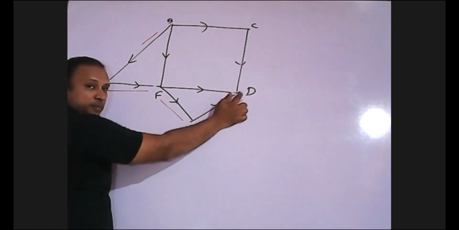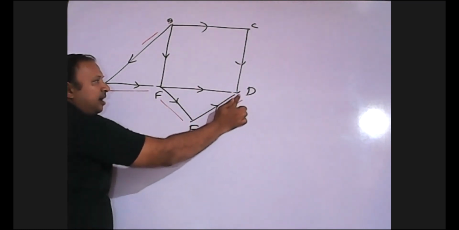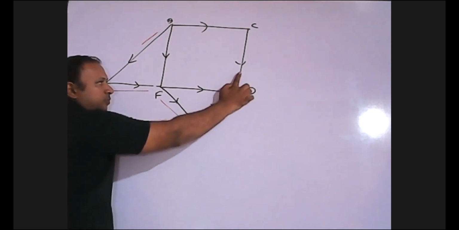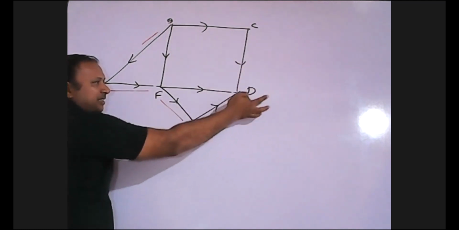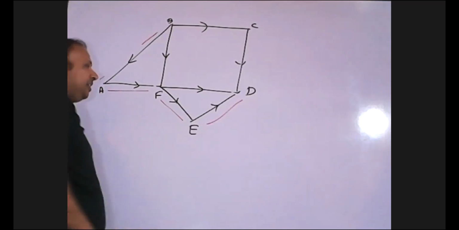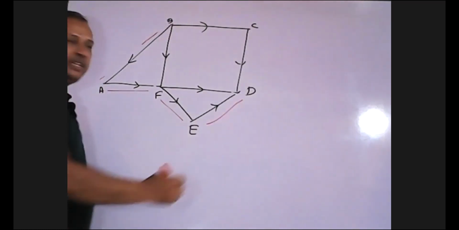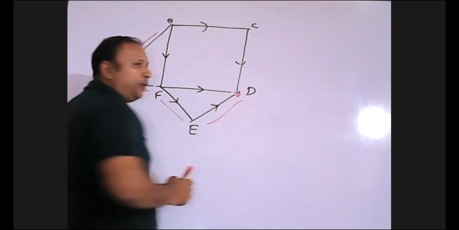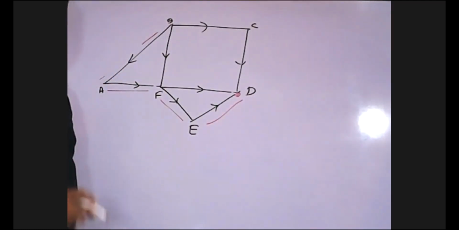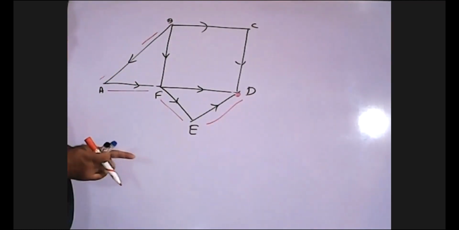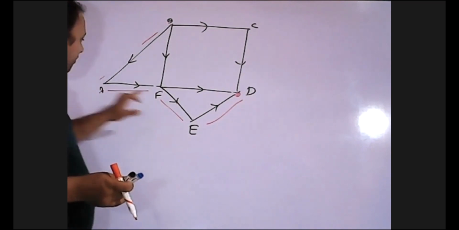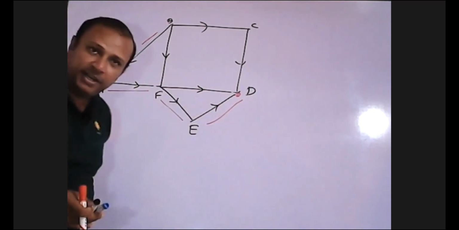Now you come to this location. Try to go through them. No, it doesn't allow. Try to go through them. No, it doesn't allow. So this is the end point now. You cannot go beyond that point. So those four forces are in order.